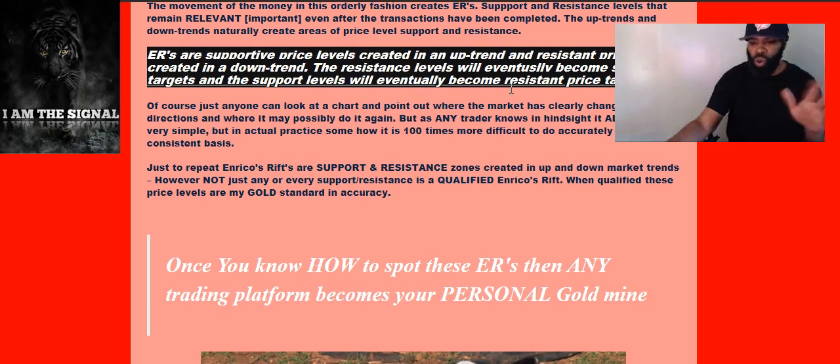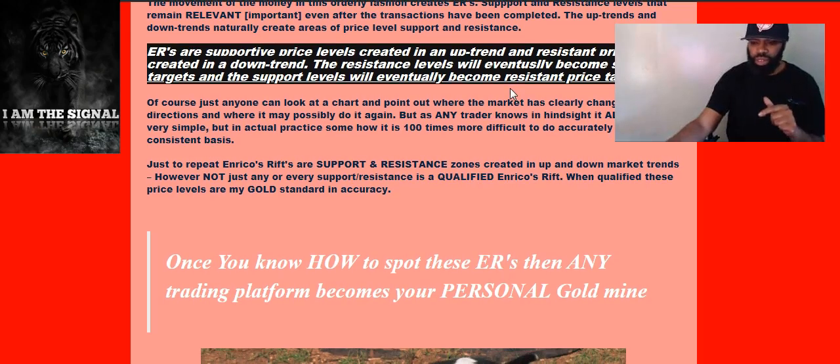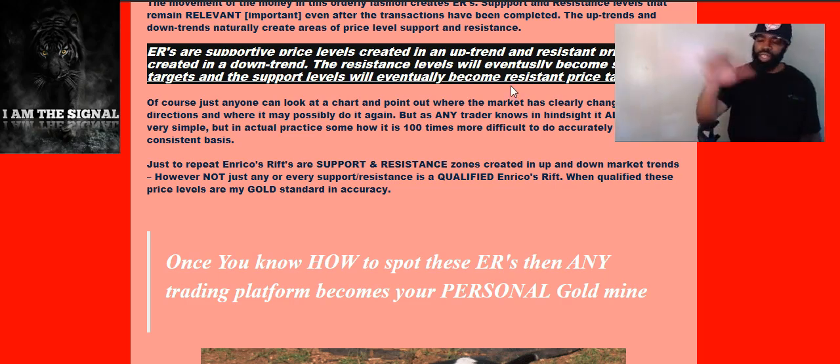Enrico's rifts are support and resistance zones. So they're created in uptrends and down markets. However, not just every support and resistance that you see is going to be qualified and called an Enrico's rift. All right? So you want to understand how this is actually created, right?